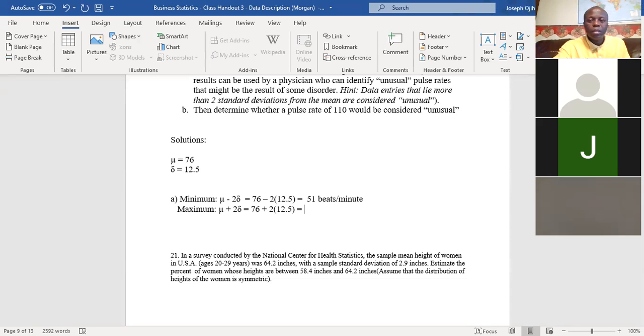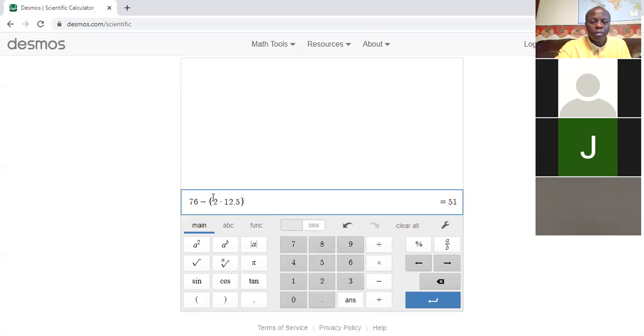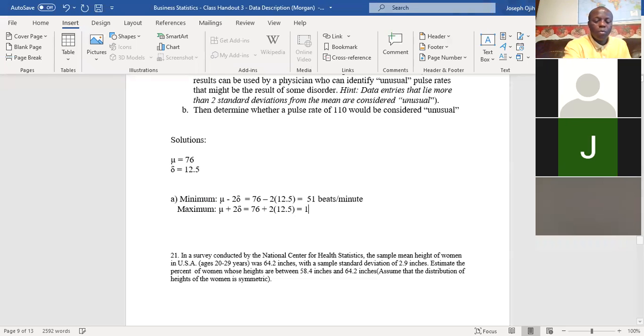Go to decimals, just change this to plus, and that will give us 101 bits per minute.